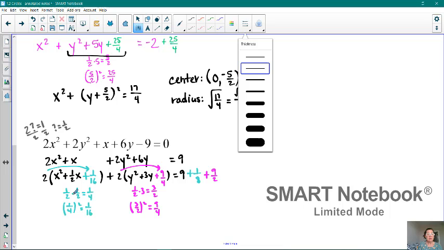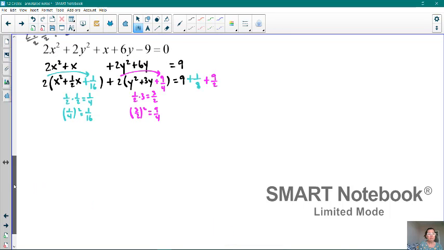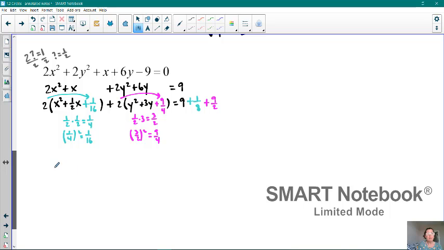With this first set of x's, we have 2 times square root of x squared is x. Keep that sign plus, 1/16 square root of that is 1/4 quantity squared, plus 2 times square root of y squared is y, sign of the middle term, square root of the last term, and that's equal to 9 plus 1/8 plus 9/2 over 8.